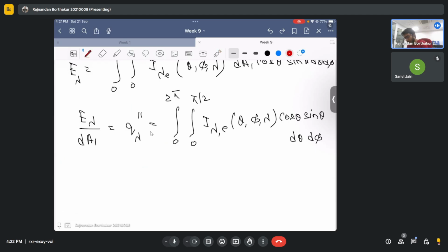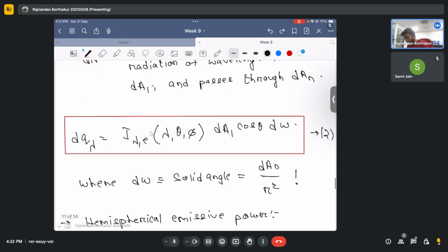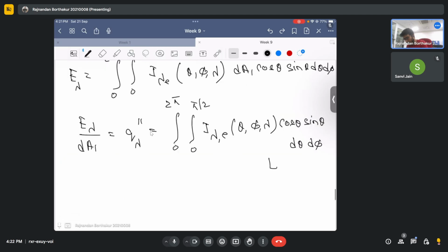Meanwhile, we'll name this equation 3. Any guess why we didn't consider a sphere? Think about it and I'll ask it in the next class. I'll give you some time to think about this.